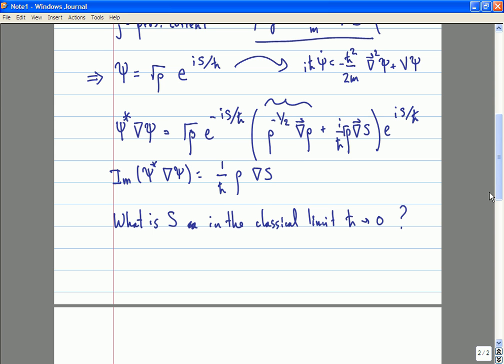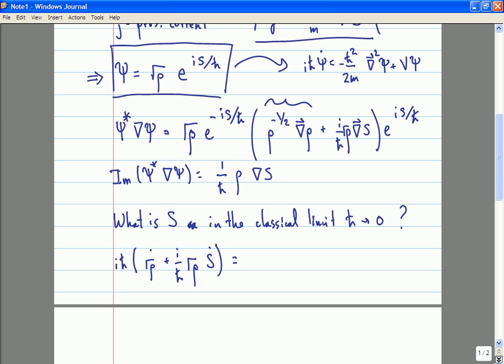The left-hand side of the time-dependent Schrodinger equation is i ħ times the time derivative of ψ, which, written in terms of the square root of ρ and a phase, is just the time derivative of the square root of ρ plus i over ħ times the square root of ρ times the time derivative of S, all times that phase e to the iS over ħ. And that phase will also appear on the right-hand side of the equation, so I'll just cancel it out on both sides.